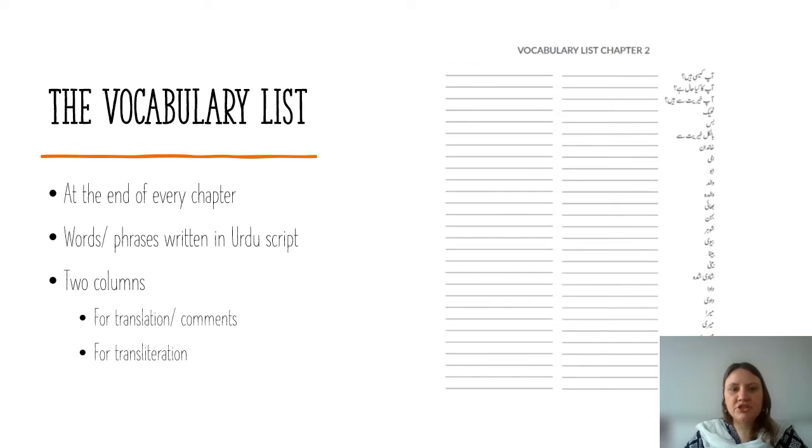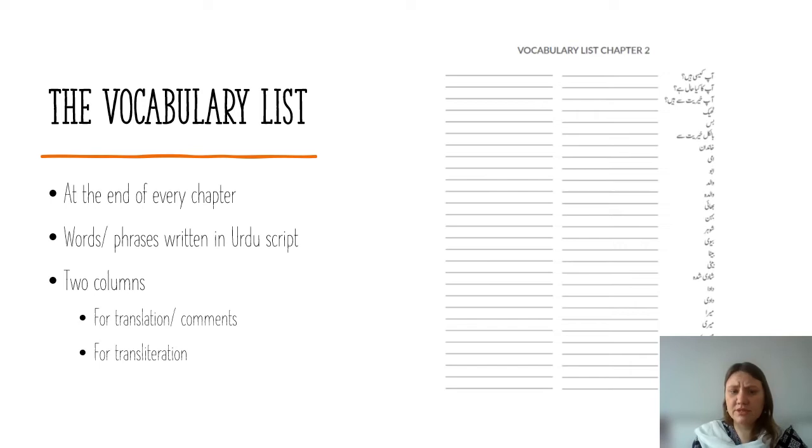At the end of each chapter in the workbook, you will find a vocabulary list. The vocabulary list consists of 3 columns. On the very right, you will see words or phrases written in the Urdu script, and then there are 2 more empty columns. The words listed here are all the words that you will be learning in that chapter.